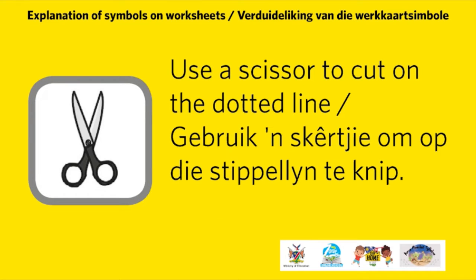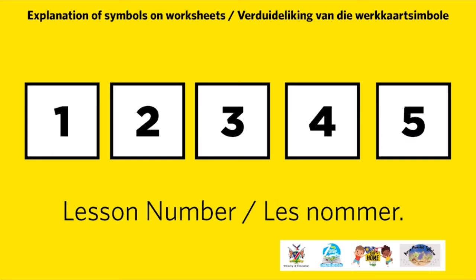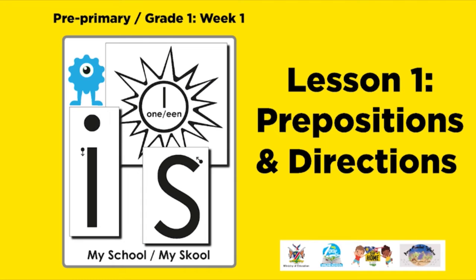Use scissors to cut on the dotted line. Look at the picture. Use these symbols for the lesson of the day, which will be allocated at the top right side of each page. For example, lesson 1. Prepositions and directions.